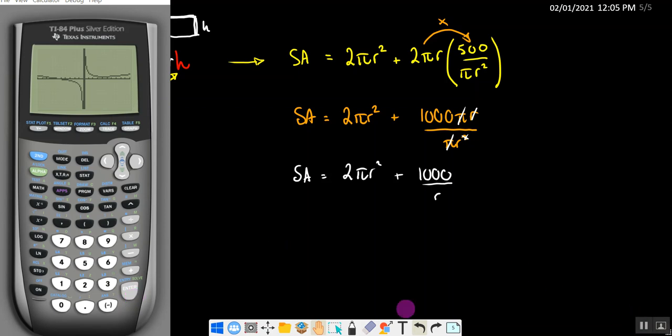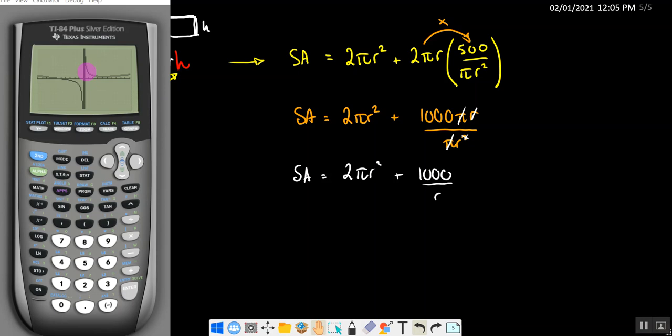So this graph tells me the surface area of the can. Yeah? X is r, being the radius. So looking at this graph screen, is there anywhere that's just a bit irrelevant? Why? Exactly that.